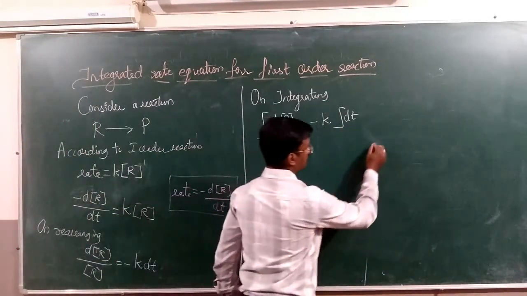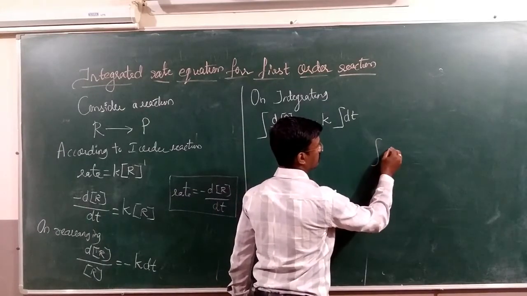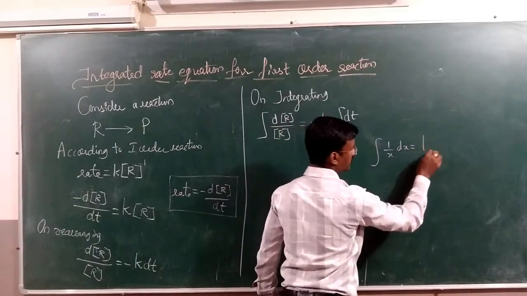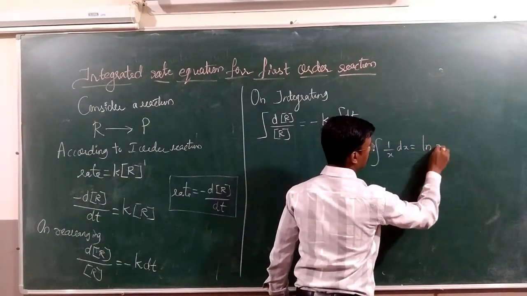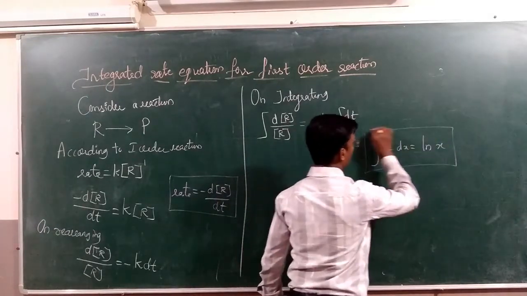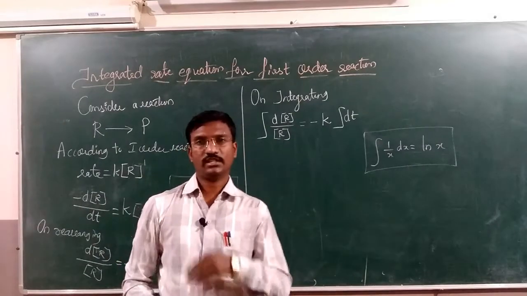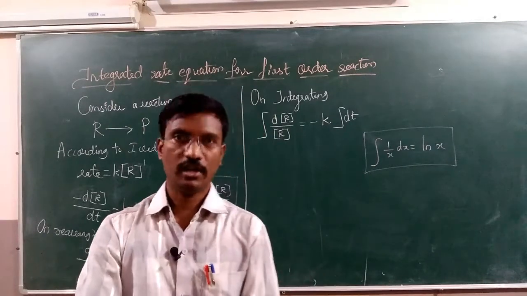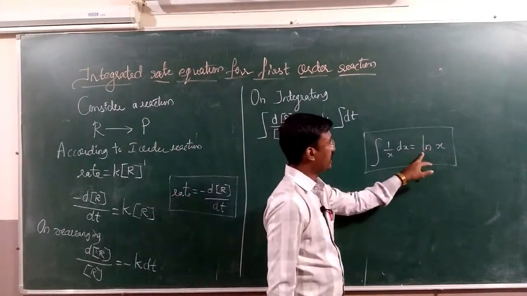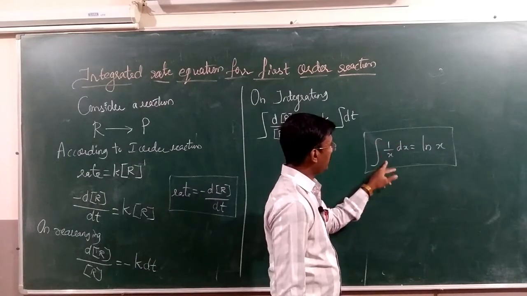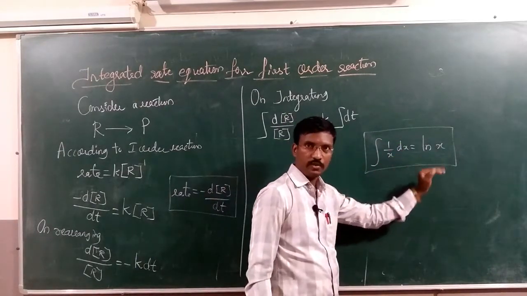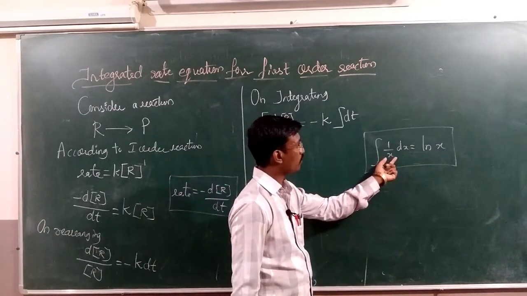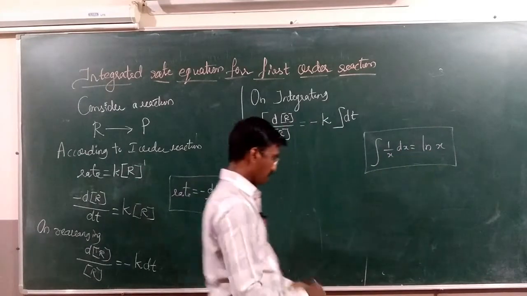We know that the integration of 1 by x dx is equal to log x. Actually it is log x, but in chemical representation we generally write ln instead of log, and later we convert that ln into log. So the integration of 1 by x into dx is equal to ln x.